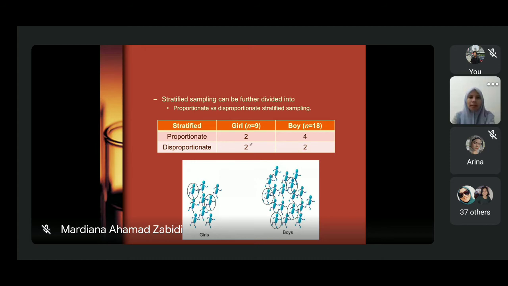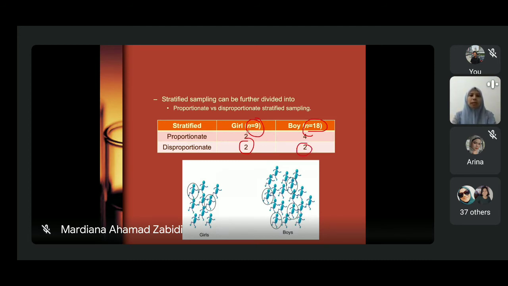Okay, so it becomes disproportionate when you collect girls whereby dia punya lot number dia adalah 9. The total of the girls is 9 but you only collect 2. Okay, but then untuk boy, the number of the boys are more than the girls tapi you still collect 2. So this one is disproportionate lah.